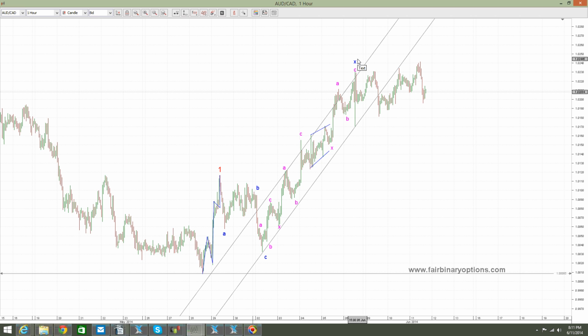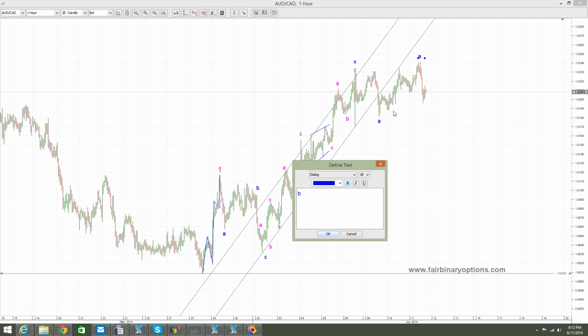Now, what do we have to the downside? Out of this degree we have a wave A, like this. Then we have a B wave to the upside, which I would say is only this one here.